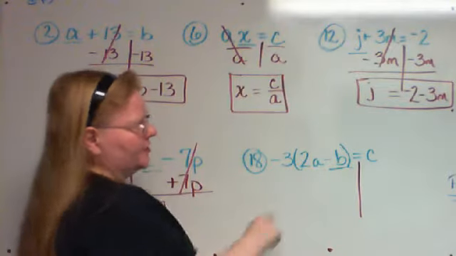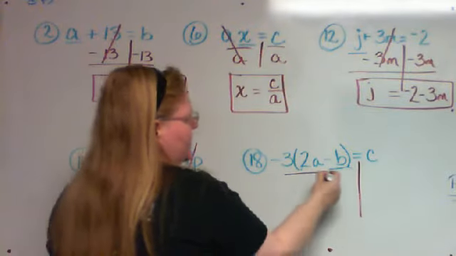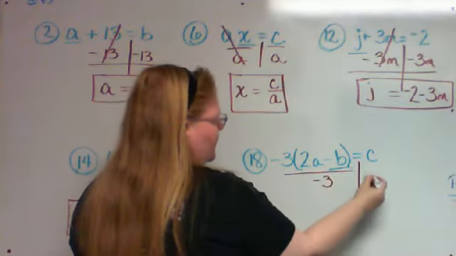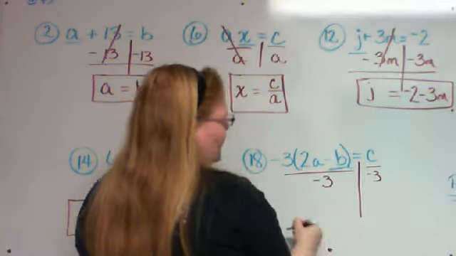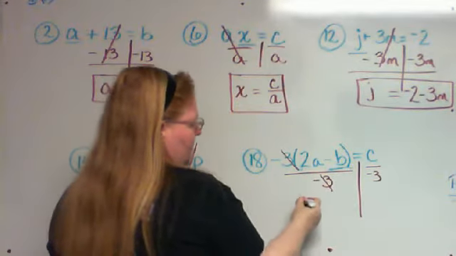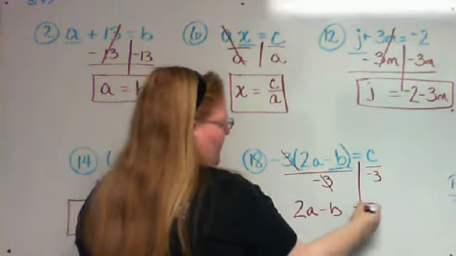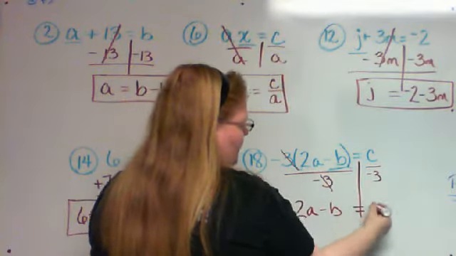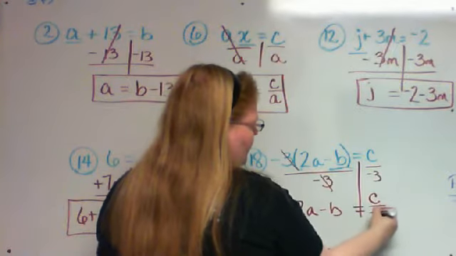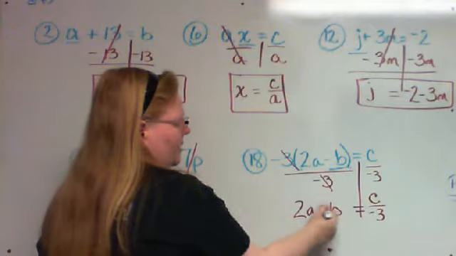By multiplication, because you'd have to distribute it, which means you're multiplying. So I can divide this side by negative 3 and divide this side by negative 3. That leaves me with 2a minus b, because that's what's left over here, equals, write down exactly what I see, c over negative 3.